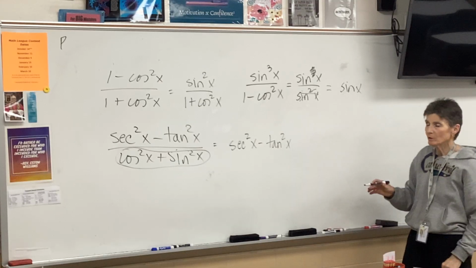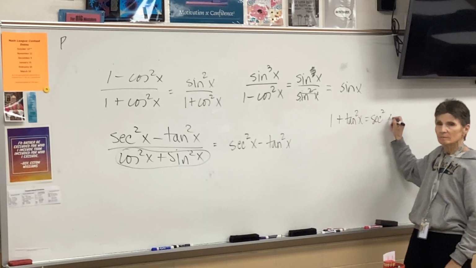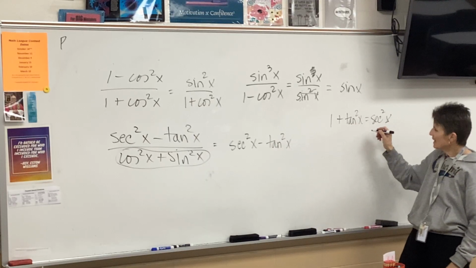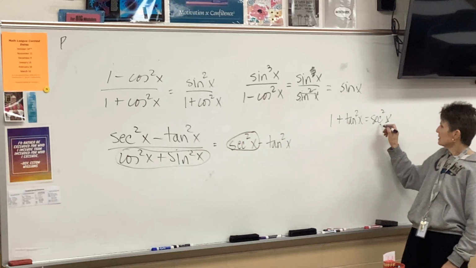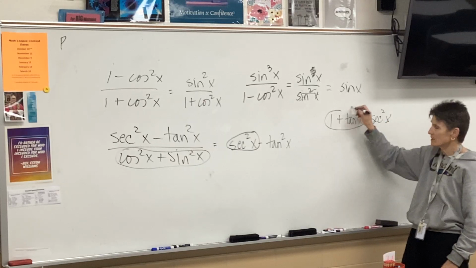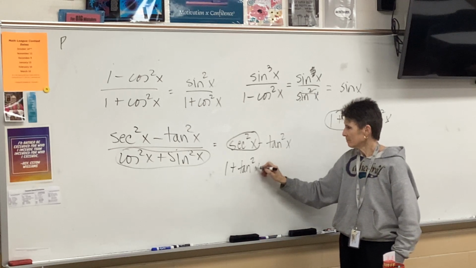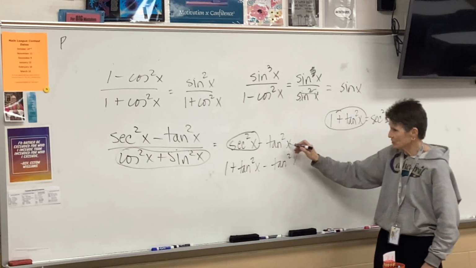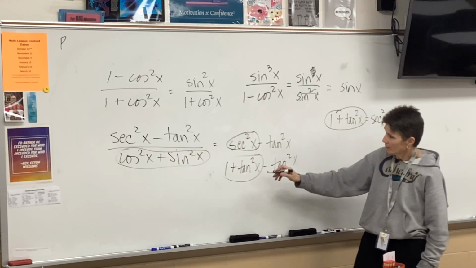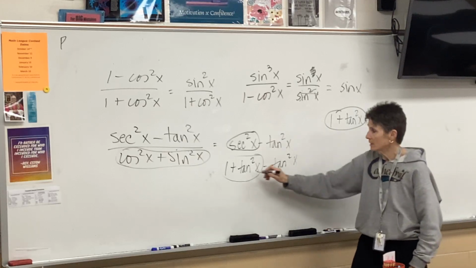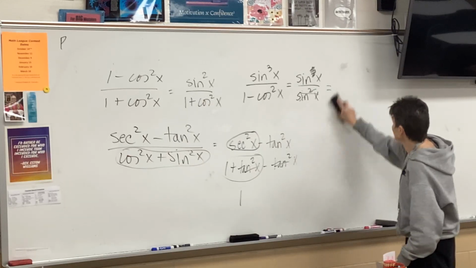Doesn't it say somewhere on your sheet that 1 plus tangent squared is secant squared? So I'm going to take this secant squared right here, and since secant squared is the same as 1 plus tangent squared, I'm going to plug that in. So 1 plus tangent squared minus this tangent squared, so this is what I plugged in. Well, 1 plus tangent squared minus tangent squared, those are going to cancel, and by golly, the answer to the problem is 1.